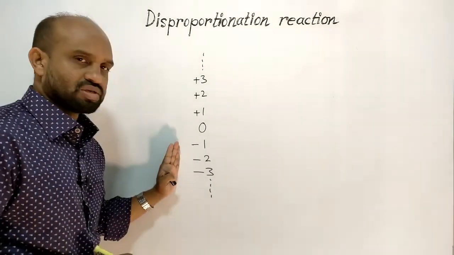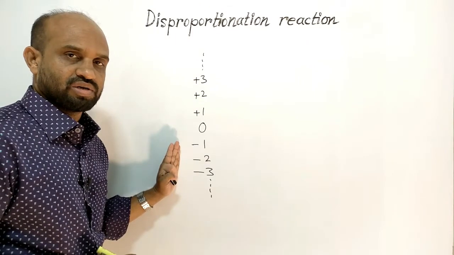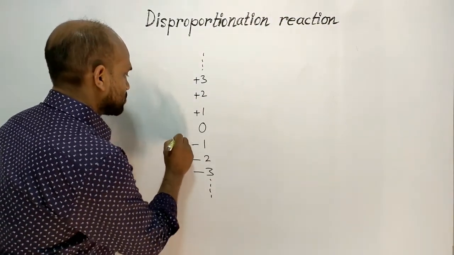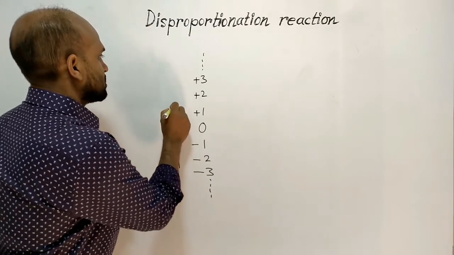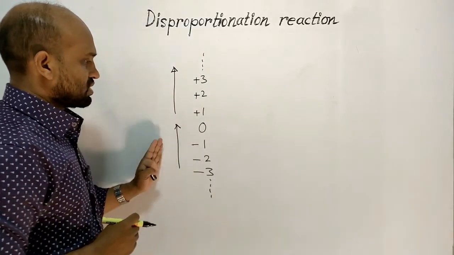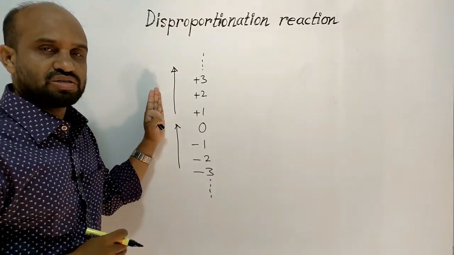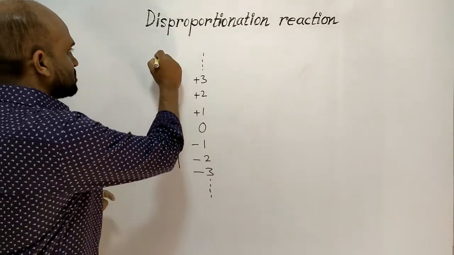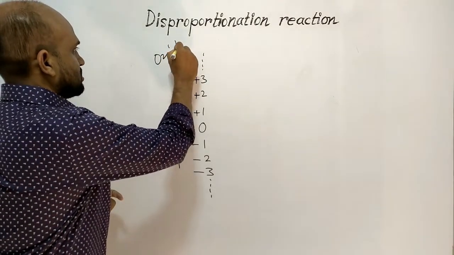When the oxidation number of any element changes from minus to 0 and then towards plus, this type of change of oxidation number, the process is oxidation.